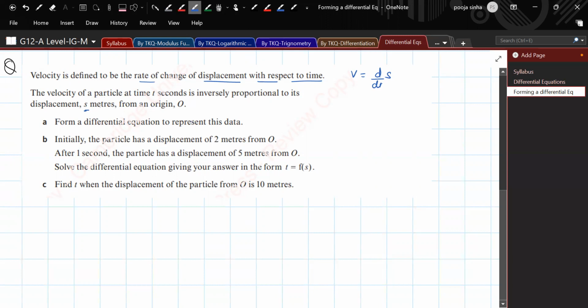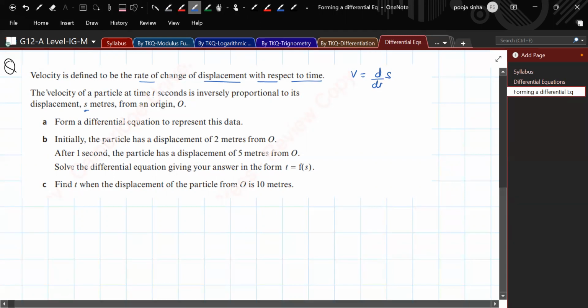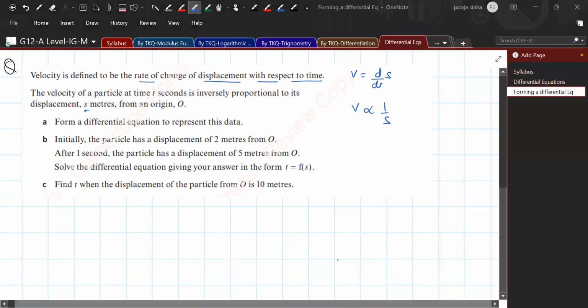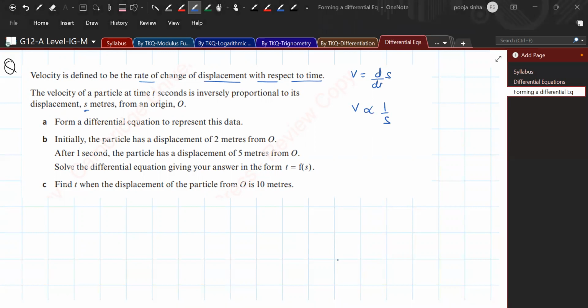The velocity of the particle at t seconds is inversely proportional to its displacement. So velocity is inversely proportional to displacement. Inversely proportional, you understand what it is?